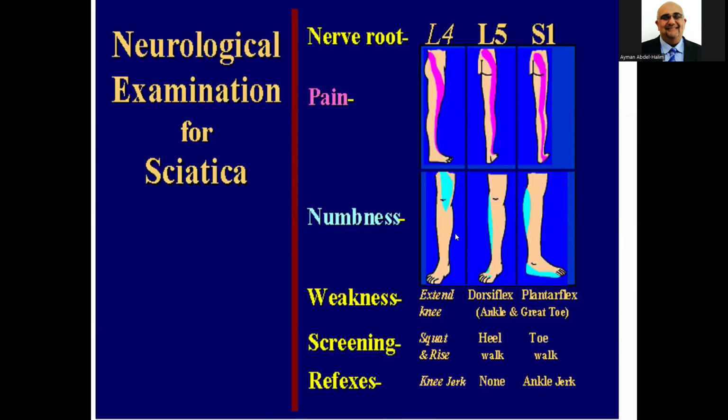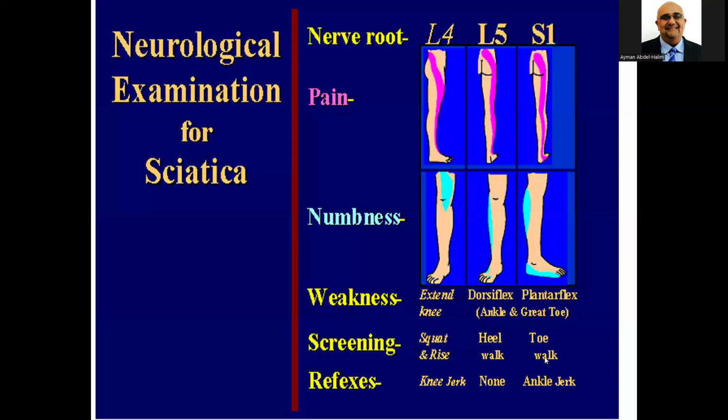So you need to know how to differentiate between these three nerve roots. For example, with S1, you have weakness in plantar flexion. With L5 radiculopathy, you have weakness in dorsiflexion. With L4 radiculopathy, you have a problem with extending the knee.